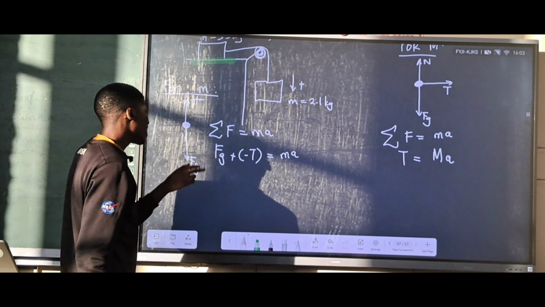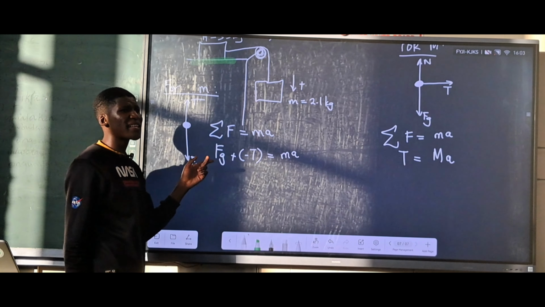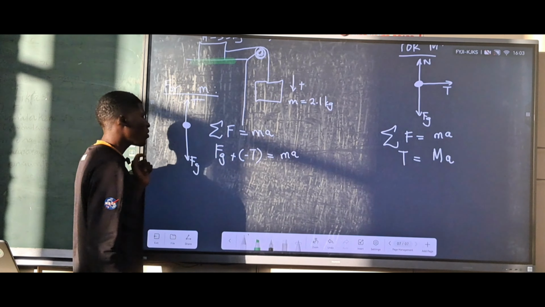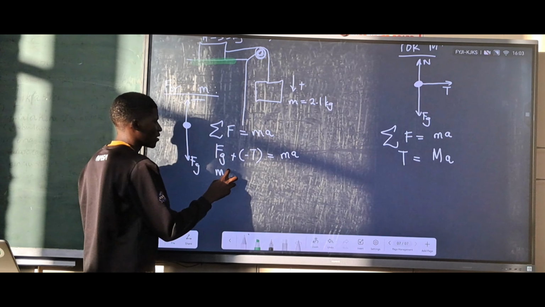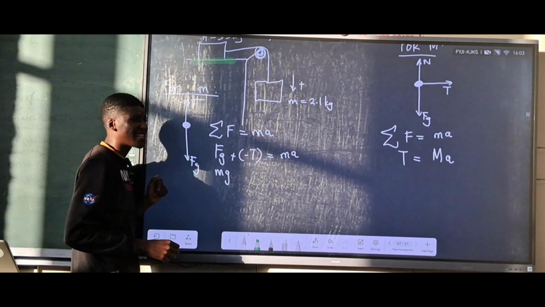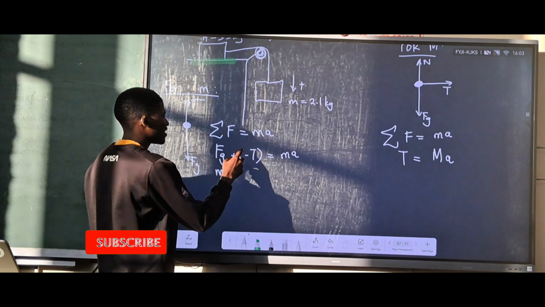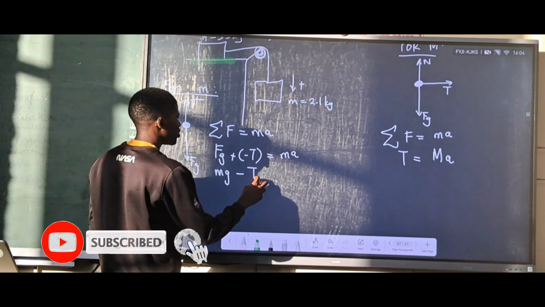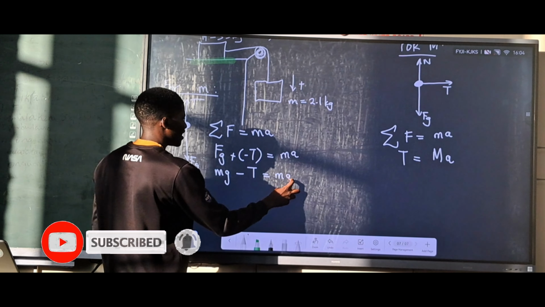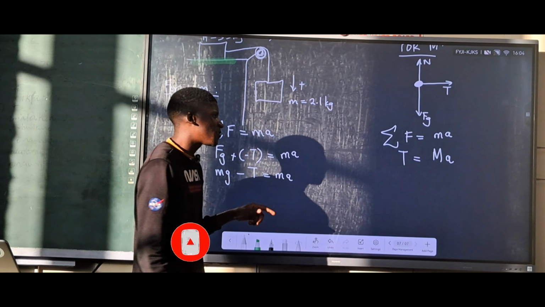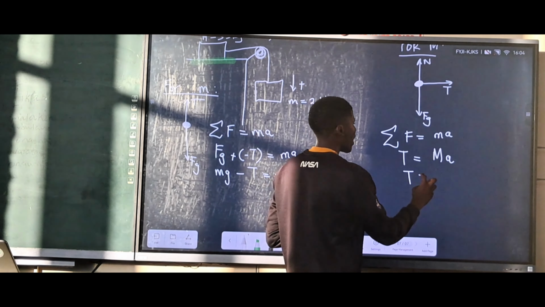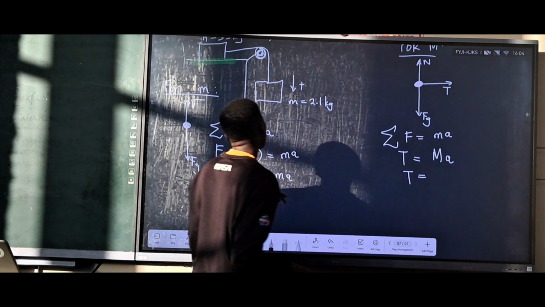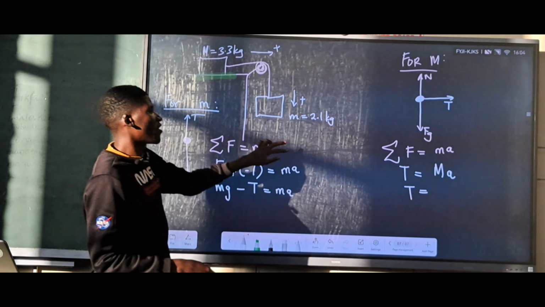And then from here, express Fg as much as possible. Fg is mass times gravitational acceleration. And then this is going to be minus tension equals mass times acceleration. Let's substitute the known values. What is the mass of block M, the capital letter M? 3.3.